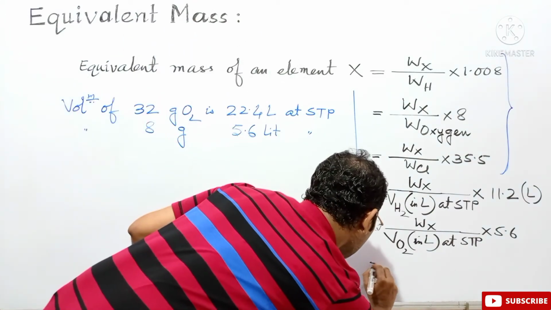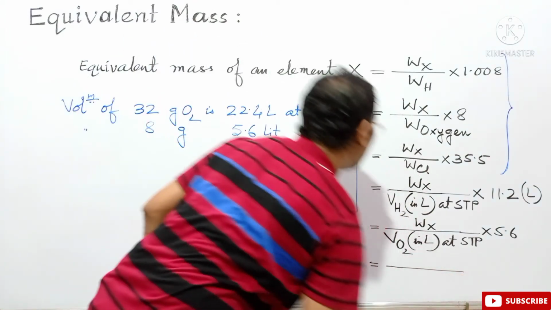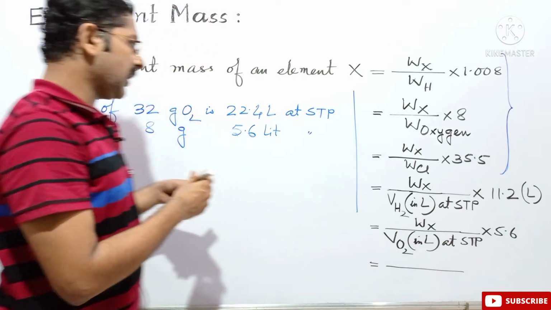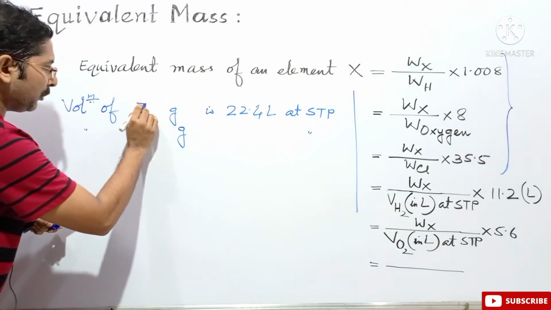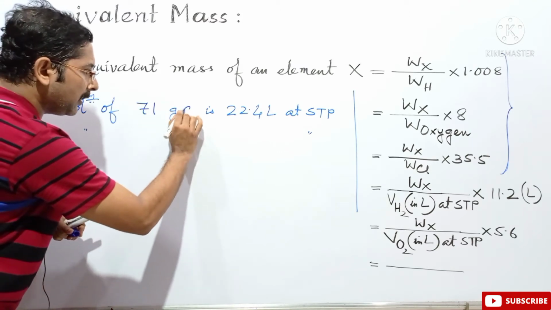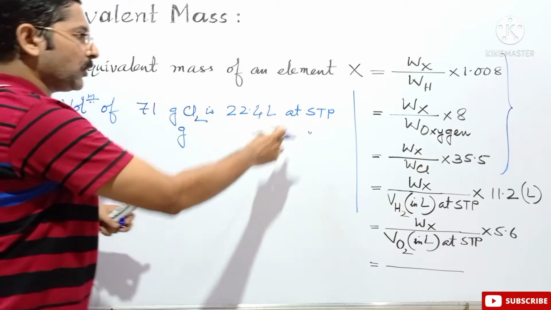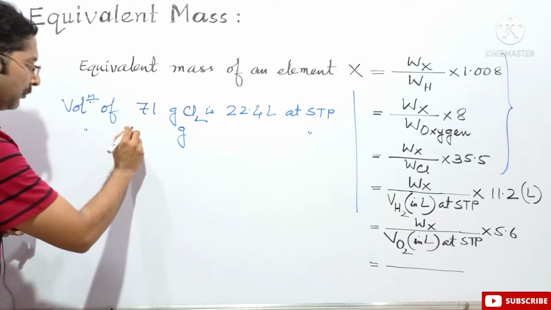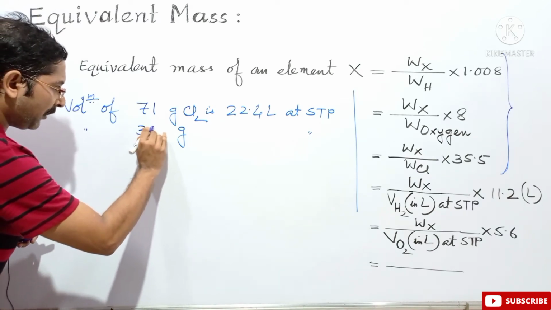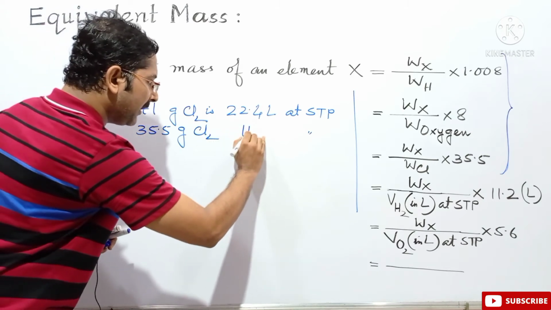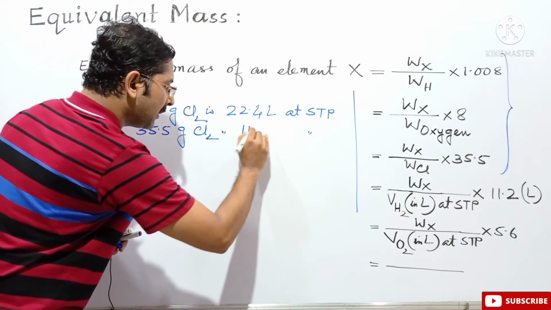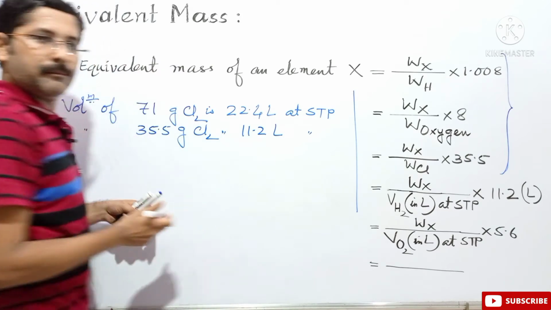Now if we modify this equation for chlorine, we can write: we know volume of 71 gram of chlorine is 22.4 liter at STP. So 35.5 gram of chlorine is 11.2 liter at STP.